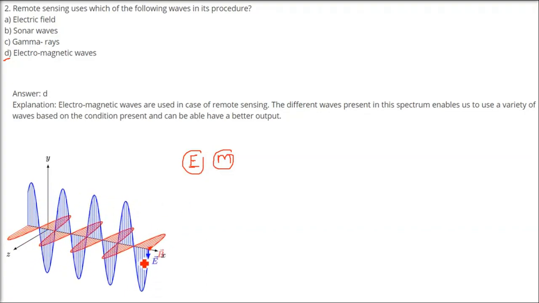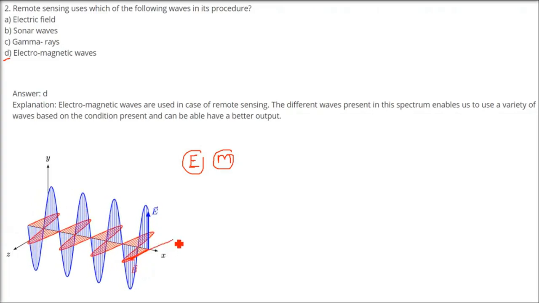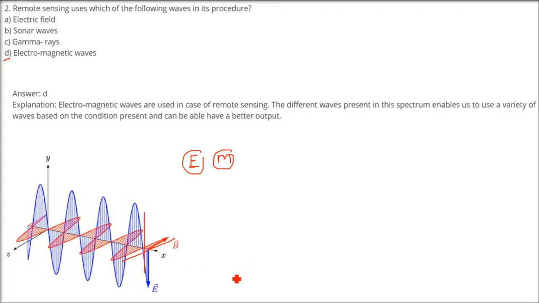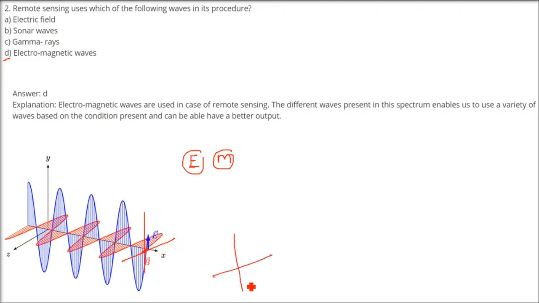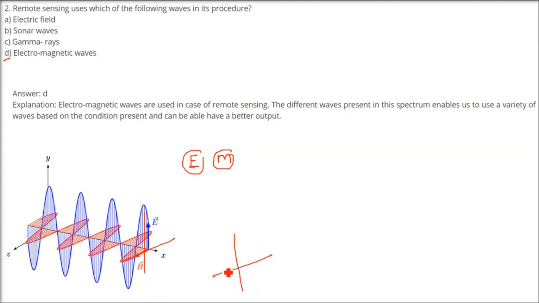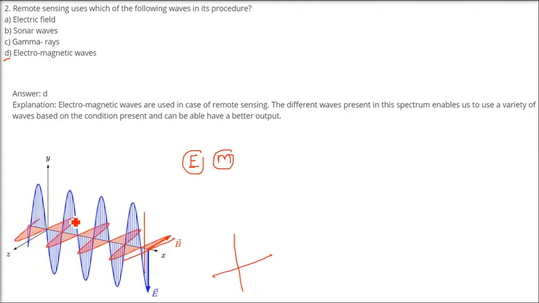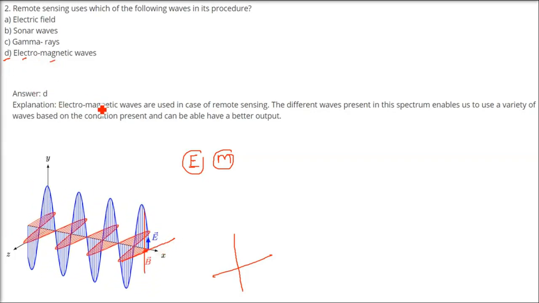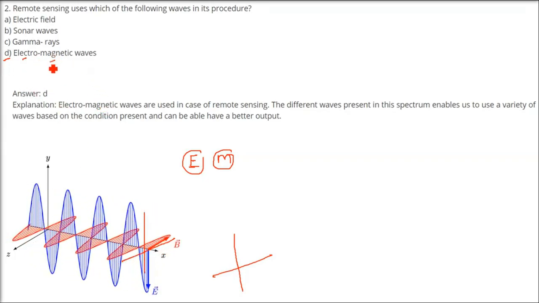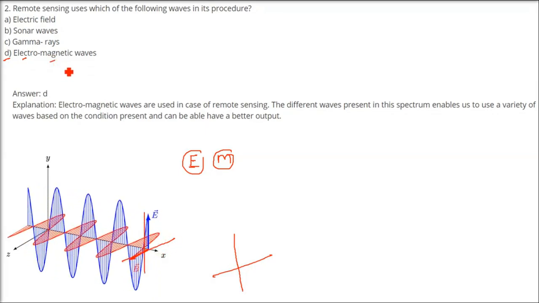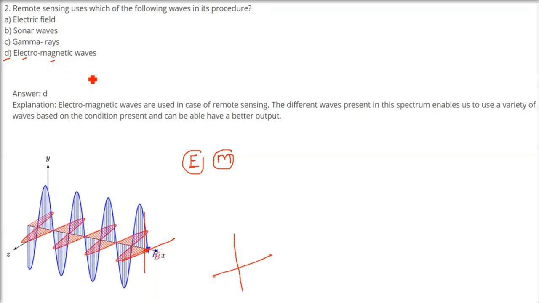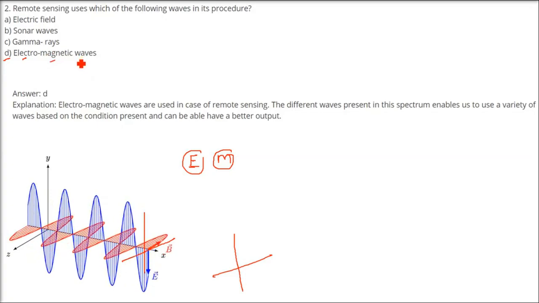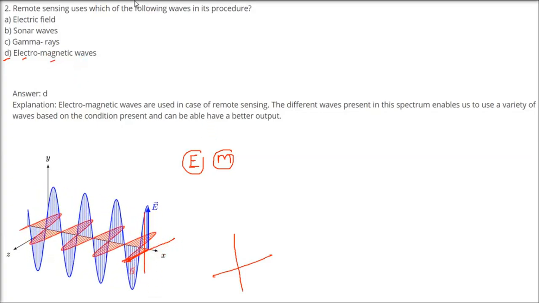If you see here, the electric field is vertical and the magnetic field is horizontal. These are orthogonal, at 90 degrees. This is how the waveform is generated, and these are electromagnetic waves. It's a big science by itself, so I'm giving you a layman's idea.